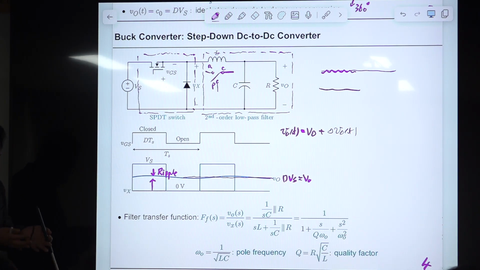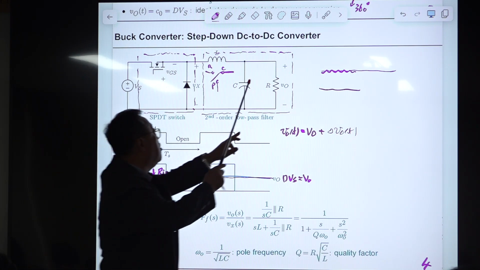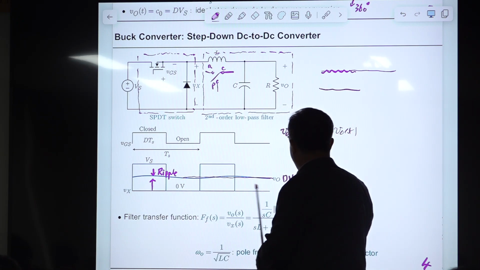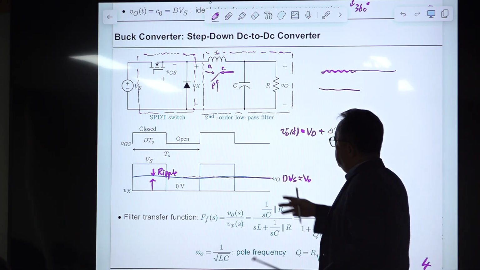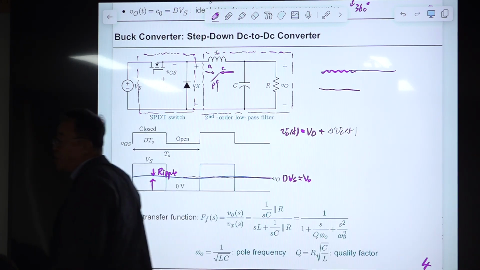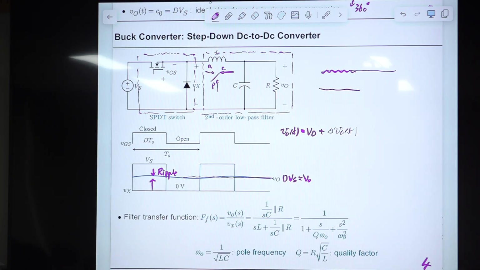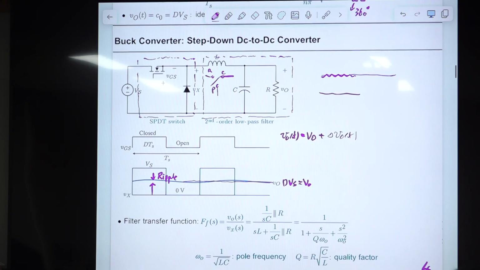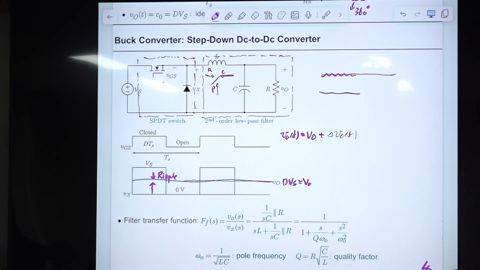Then what appears here is called the frequency response of this system. From that you can evaluate the magnitude of the ripple. For that purpose, we think about the transfer function in between this and this. Extremely simple. So this is the LCR circuit, a second order circuit.